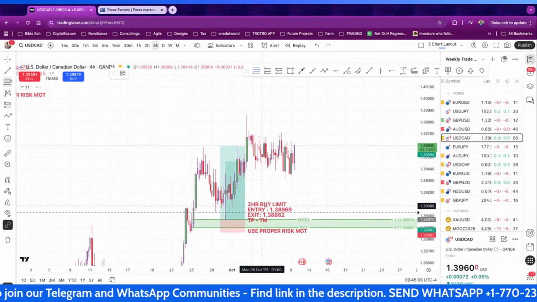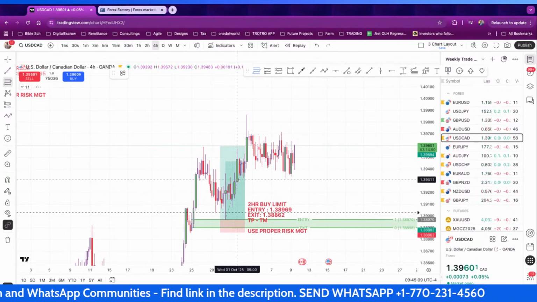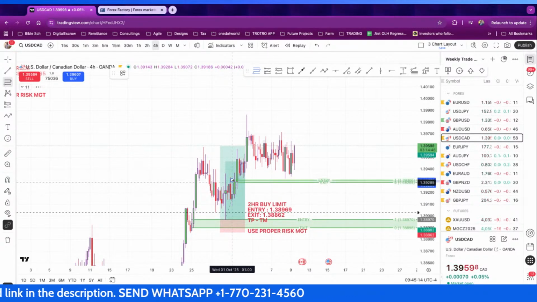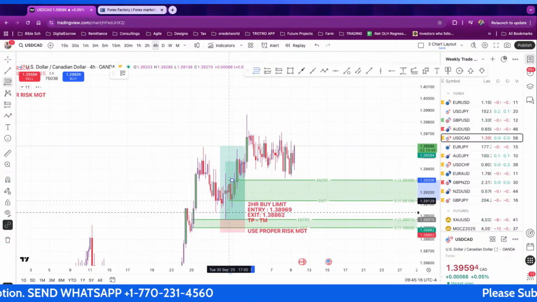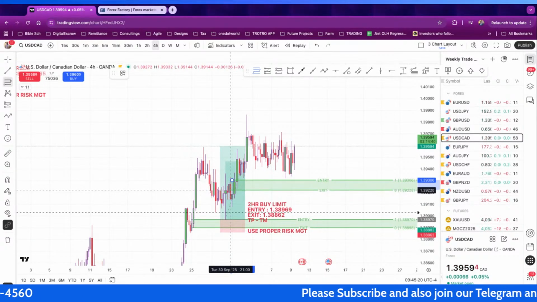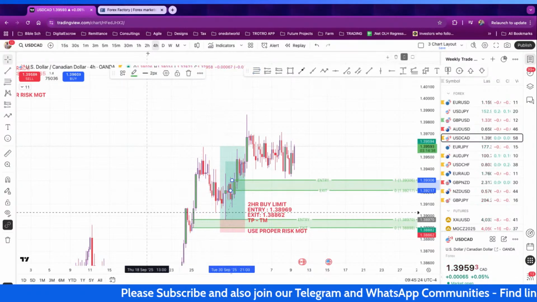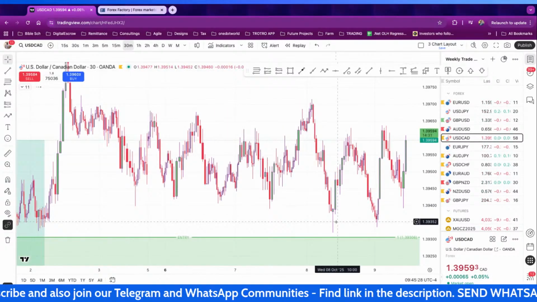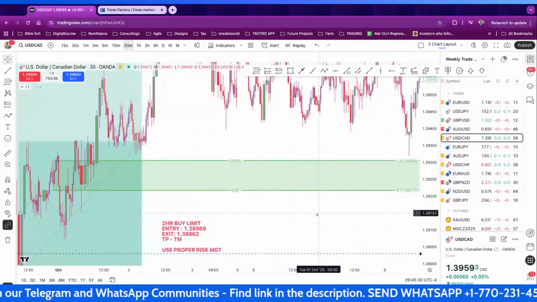So if we're going to get a much closer demand zone on a 4-hour time frame, it was going to be somewhere here. We'll pick it up from here and then maybe go all the way. Let's take a look at this from a different time frame, maybe the 30 minutes or maybe 1 hour, and see how that looks.